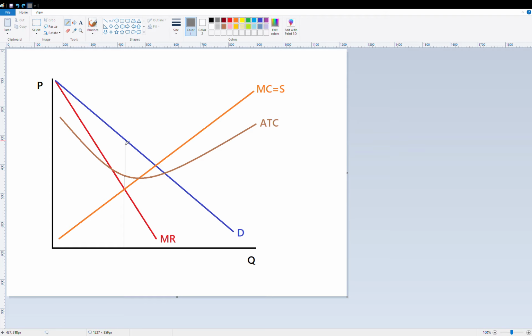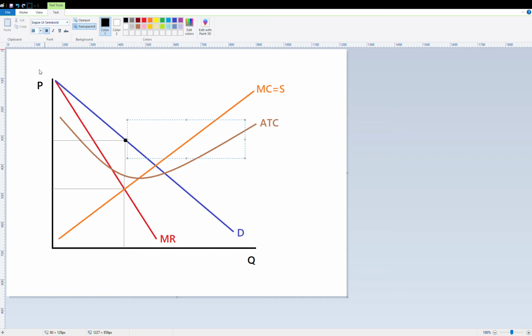They go all the way up to the demand curve, and that is the price where they start selling. Right here. So basically that's the profit maximization point.